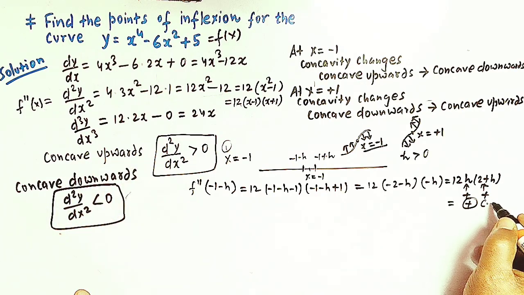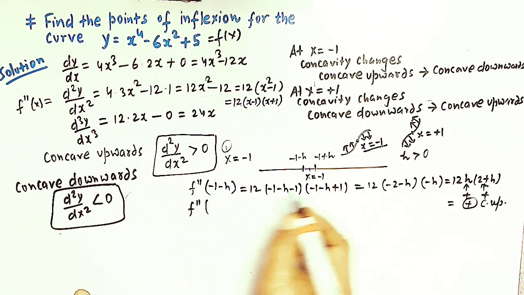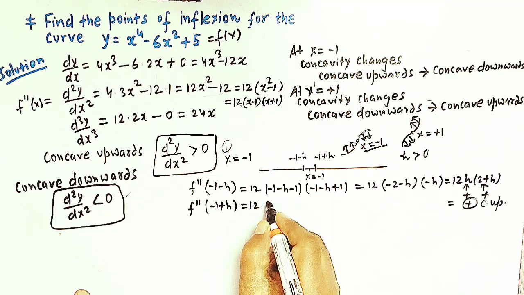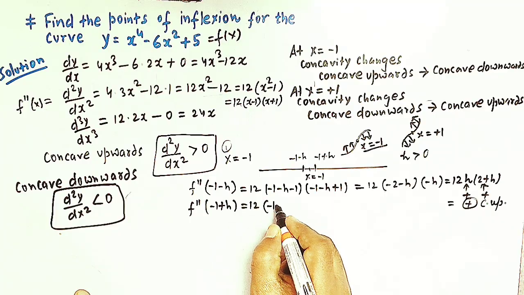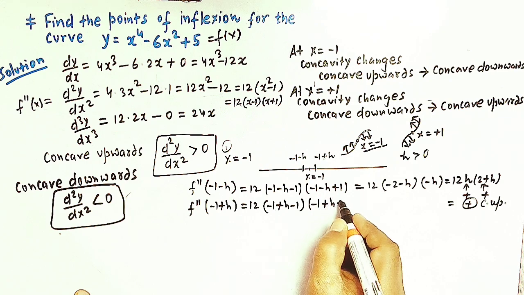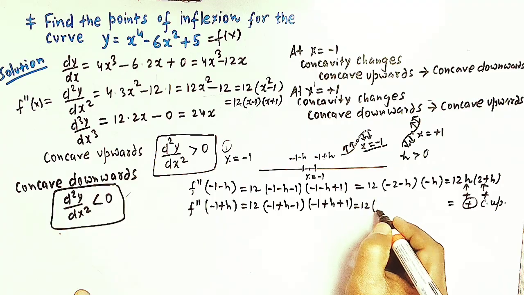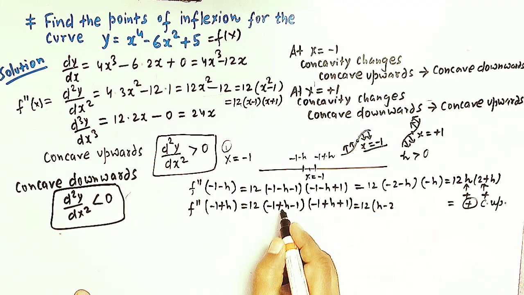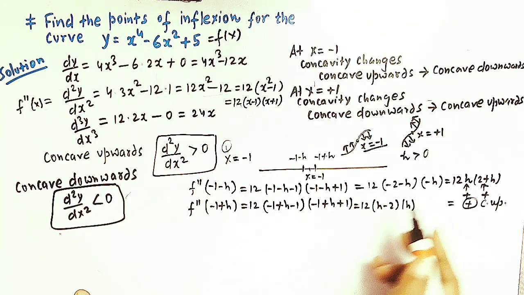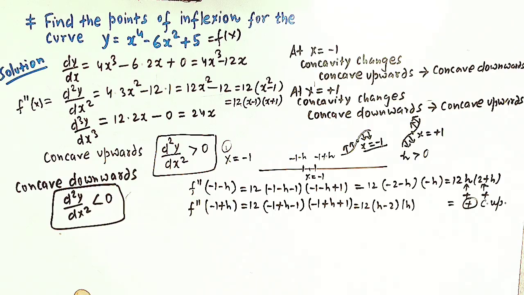So here we have concave upwards, and for the second derivative at this point -1 plus h, we have 12 times -1 plus h minus 1, times -1 plus h plus 1. And here we have 12, then we have h minus 2, and here we have simply h. Now see, h is greater than 0, but it is less than 1.